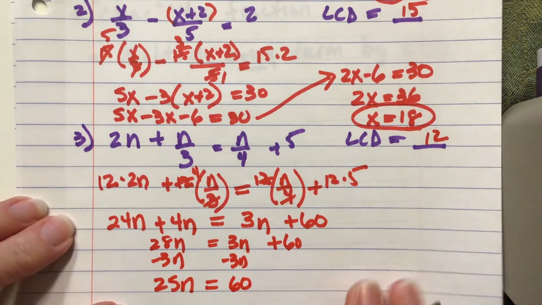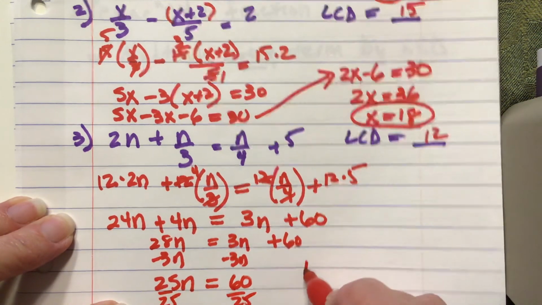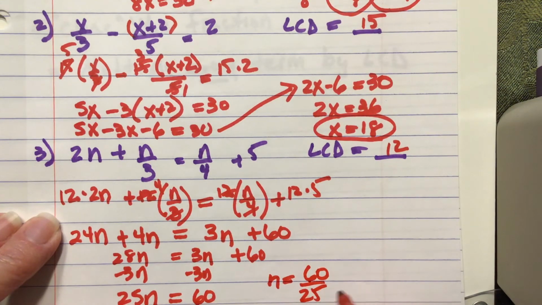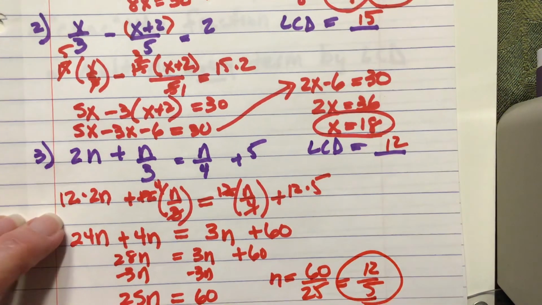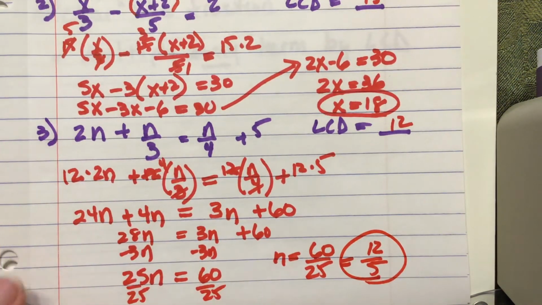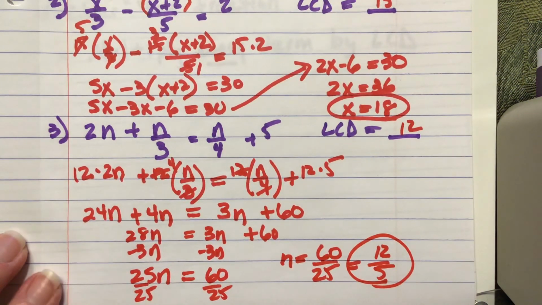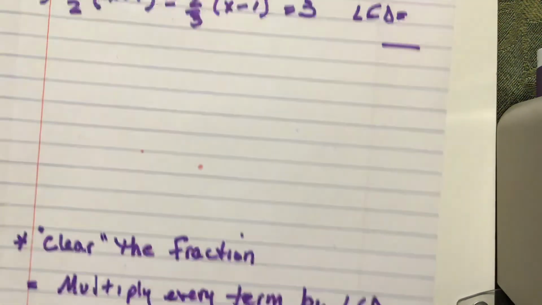And then I'm going to divide both sides by 25. So n is 60 over 25. And if I reduce that, I can divide everything by 5. I get 12 over 5. Okay? So again, remember to clear the fraction, multiply everything by that least common denominator, every term by that, and then just solve. So let's try another one.